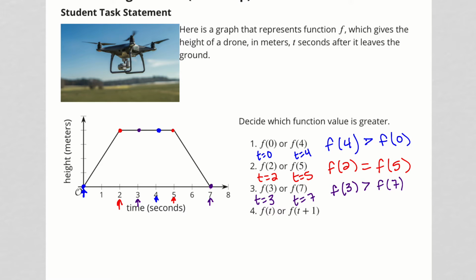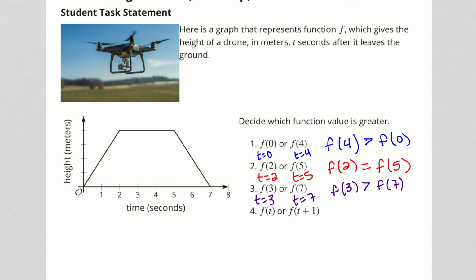So now we have letters. We have f of t or f of t plus 1. I'm going to erase this over here. You don't have to if you did this. I'm just going to pick a number for t and see what it might give me.